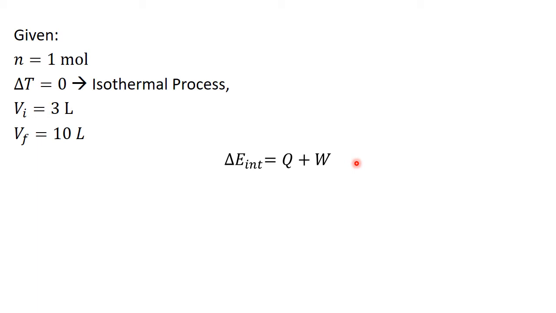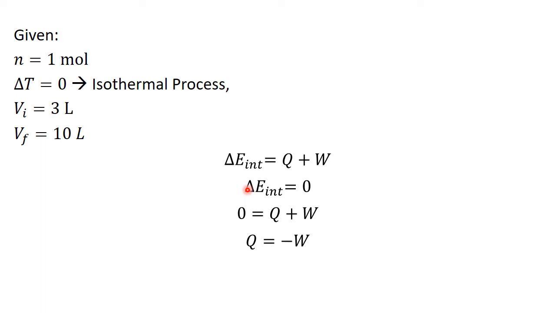Okay? Pero, remember, isothermal process to. And kapag isothermal, walang change in temperature. And pag walang change in temperature, walang change in internal energy. At dahil zero yung change in internal energy natin, yung first law of thermodynamics natin ay magiging 0 equals Q plus W. And therefore, heat equals the negative of the work done.